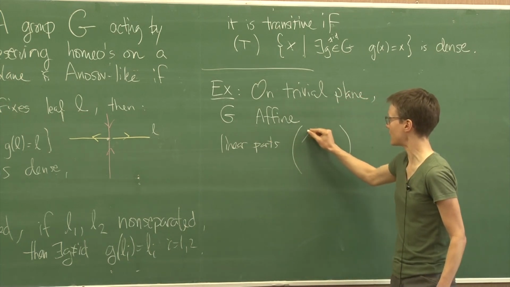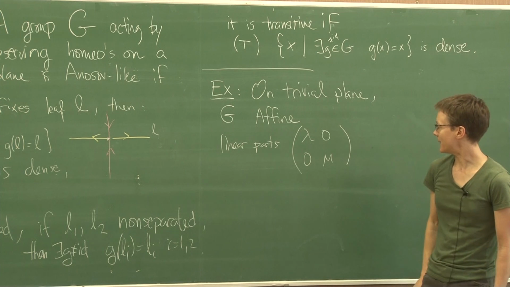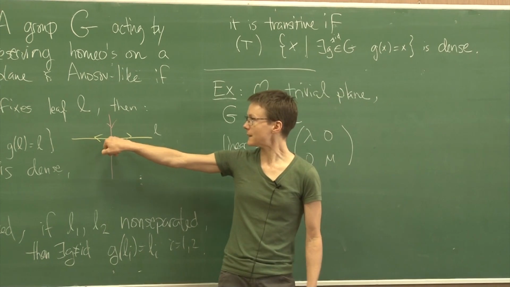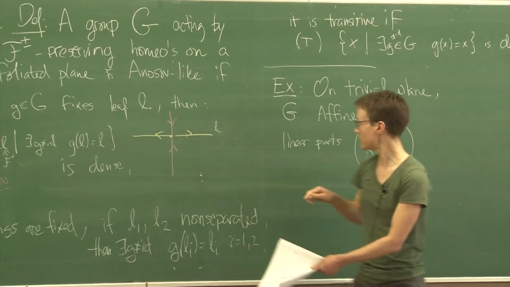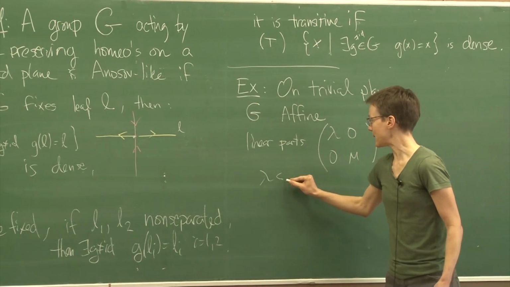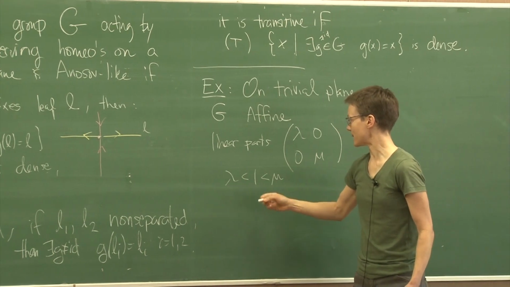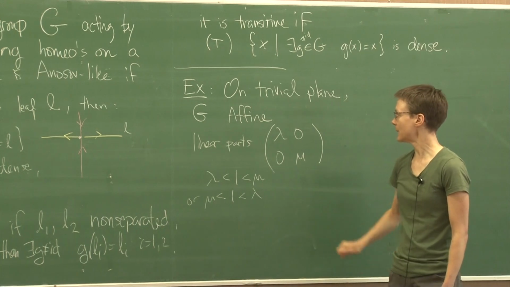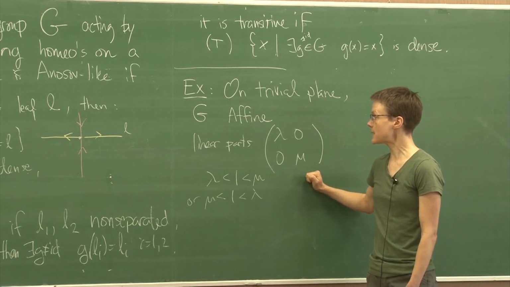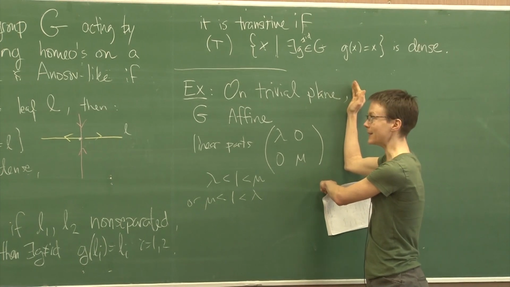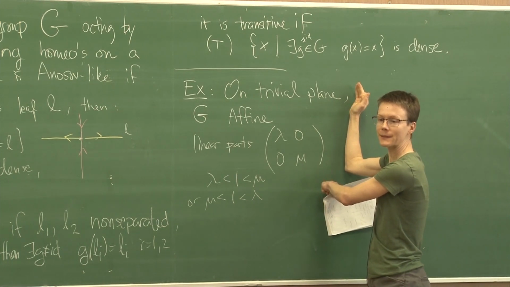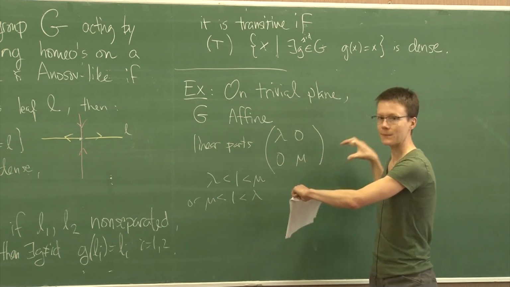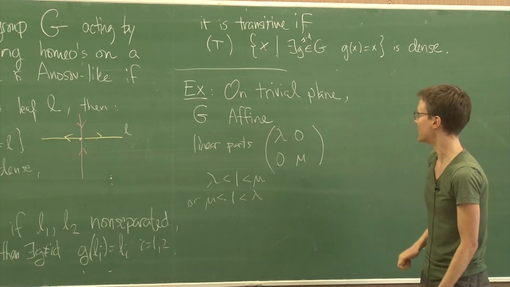So everything has to look like a diagonal matrix. And I need to have this kind of expanding-contracting behavior at every fixed point. So I either need lambda less than 1 less than mu, or vice versa. But any group of affine transformations that satisfies this gives you an example, right? So for instance, you could take something generated by one matrix like this and a family of translations, and you would win.